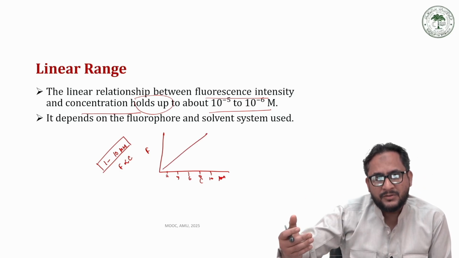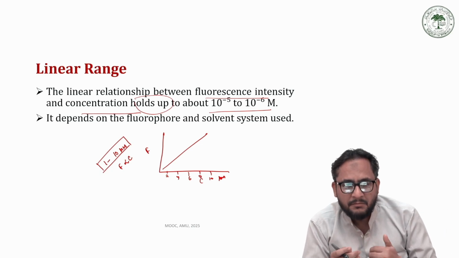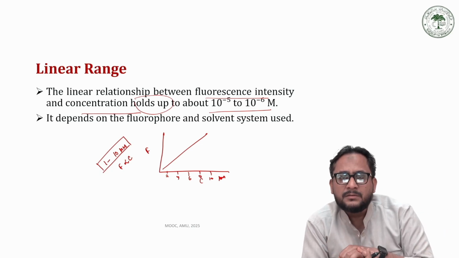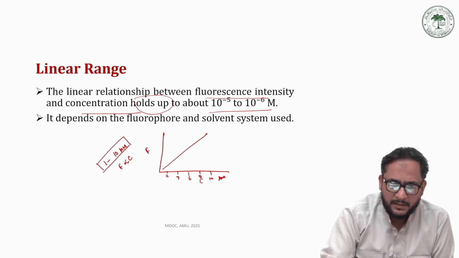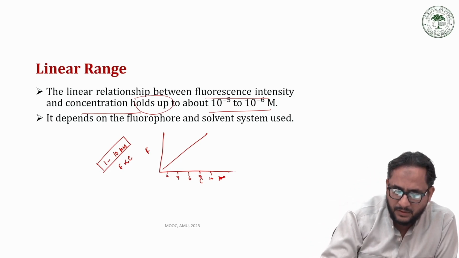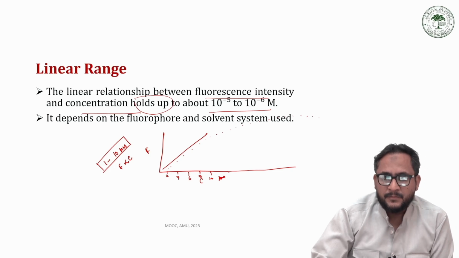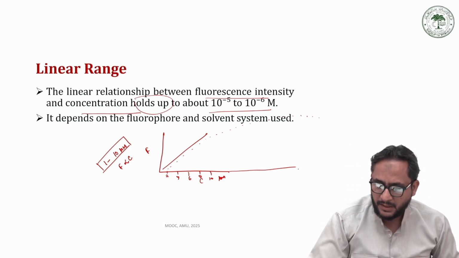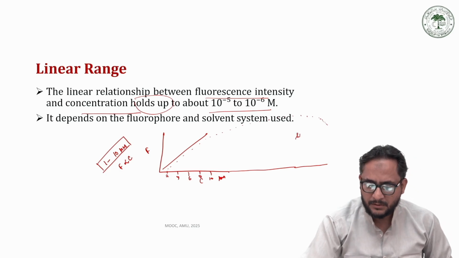As we increase the concentration, the fluorescence intensity will increase correspondingly. But at higher concentration, this law will not hold good, and ultimately the graph becomes constant, and even at very high concentration the intensity of fluorescence decreases due to self quenching.